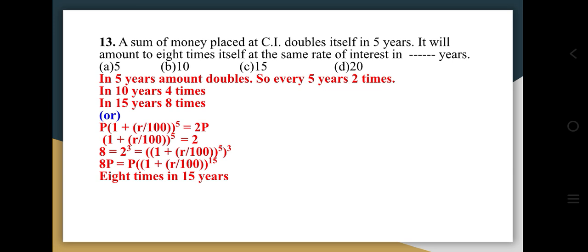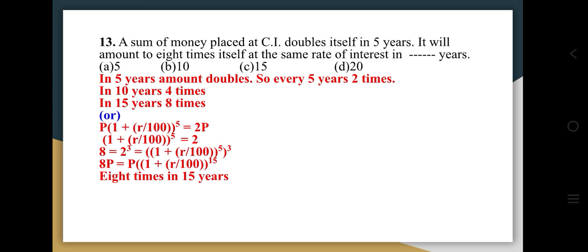For 2, we substitute (1 plus R by 100) whole power 5. So 2 cube is ((1 plus R by 100) whole power 5) whole power 3. So it is 5 into 3, that is 15.